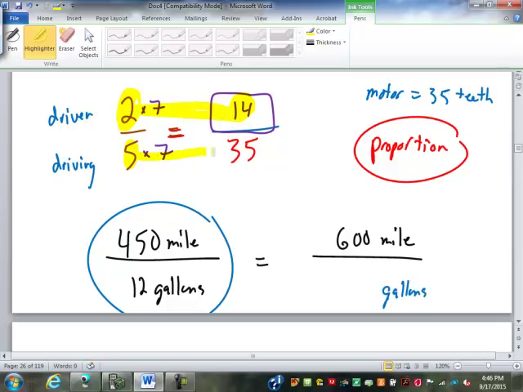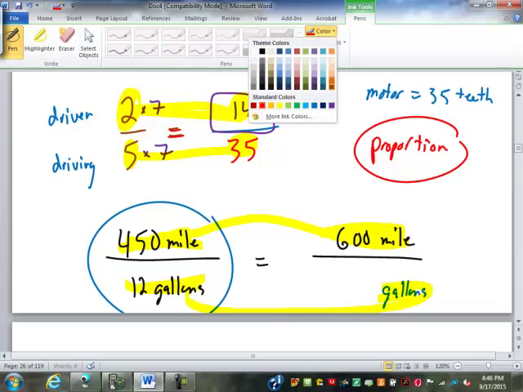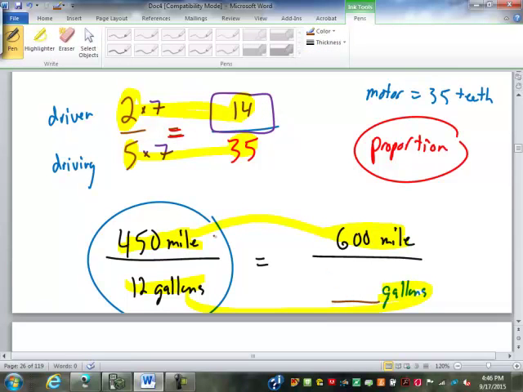Teeth in the driving gear, teeth in the driving gear. Here, miles are on top, miles are on top. Gallons on bottom, gallons on bottom. To find this missing number, trying to say what do I multiply 450 by to get 600 isn't terribly practical. So there's another process we can use.